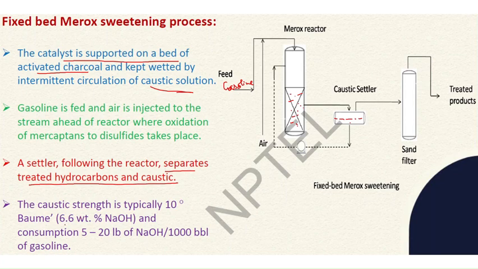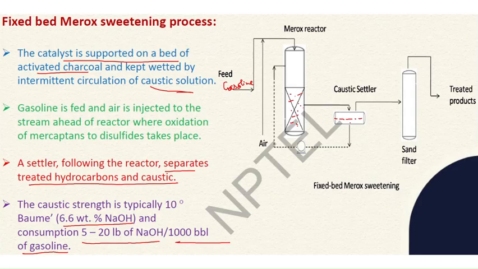And this 10 degree Baume is basically 6.6 weight percent of NaOH, and consumption of caustic solution is very high, which is 5 to 20 pounds of NaOH per 1,000 barrels of gasoline treated. Okay, which is very high.